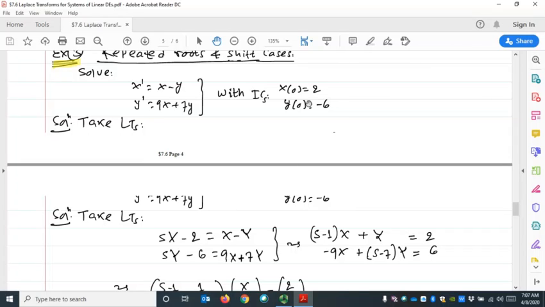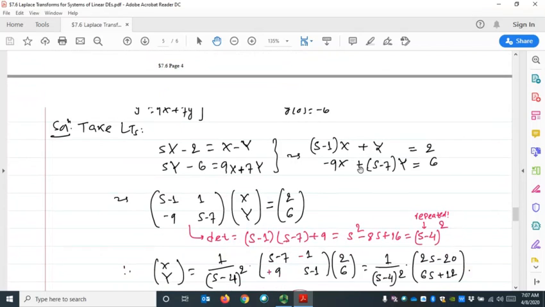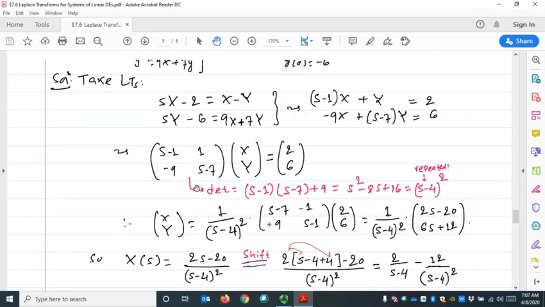I put the initial conditions here, and the Laplace transform of little x minus little y becomes capital X minus capital Y. Similarly, take the Laplace transform of the second differential equation, then rearrange the terms, write in matrix form, then find the inverse of this coefficient matrix to solve for capital X and capital Y.